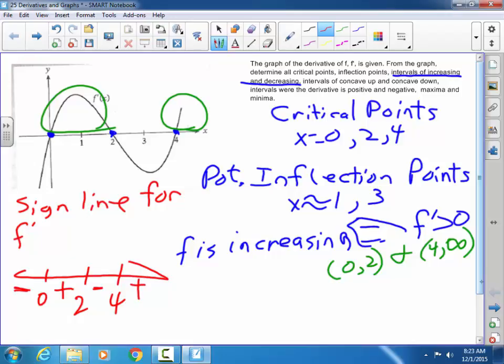So we can look at the sign line, and to me, this is what I'm more comfortable looking at, sign lines. So I can look at the sign lines and determine that the function is increasing from 0 to 2 and 4 to infinity. Where is the function decreasing? Again, looking at the sign line, how can I tell that?